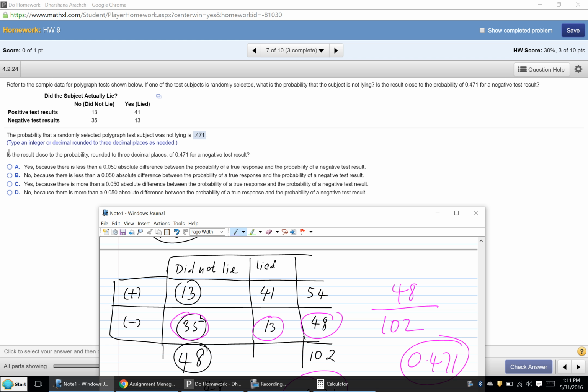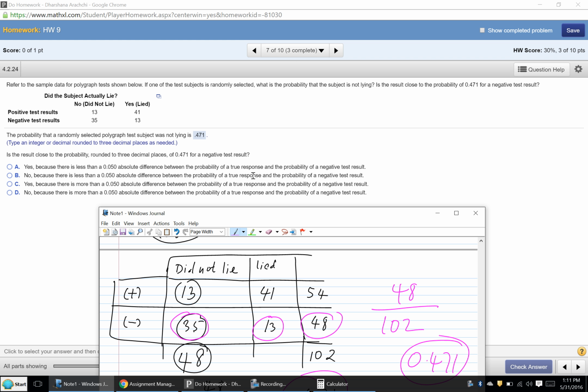The funny thing is, when you read the question, you don't really understand what they are asking, but if you read their possible answers, you can get an idea of what they are really asking about. If you look at these four possible answers, they say absolute difference, so let's ignore that. It says the probability of true response and the probability of negative test results.